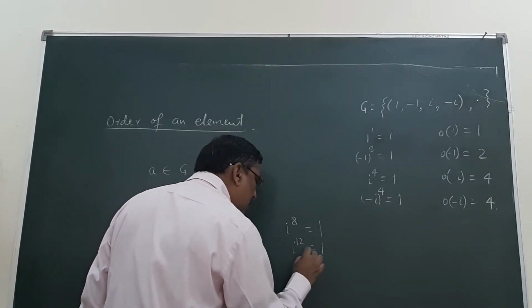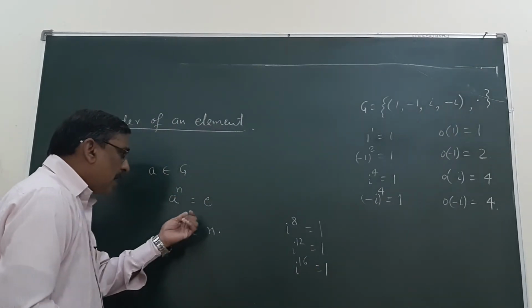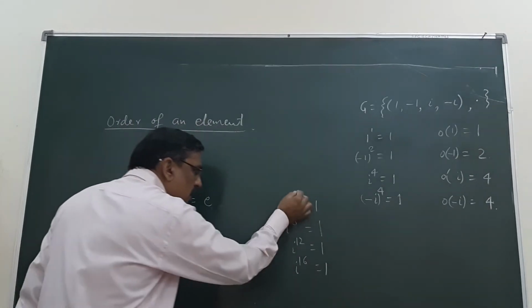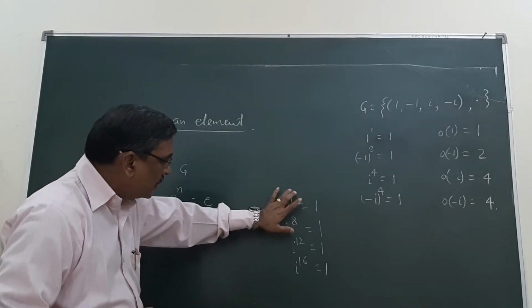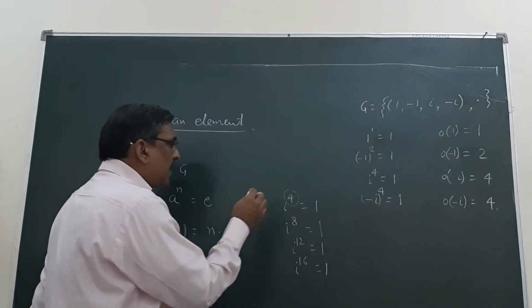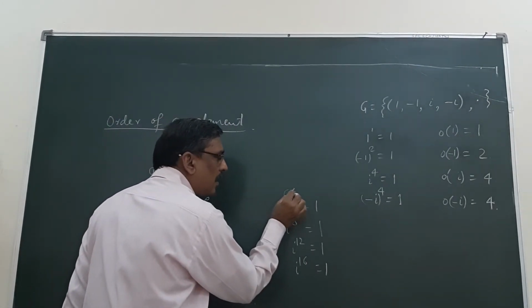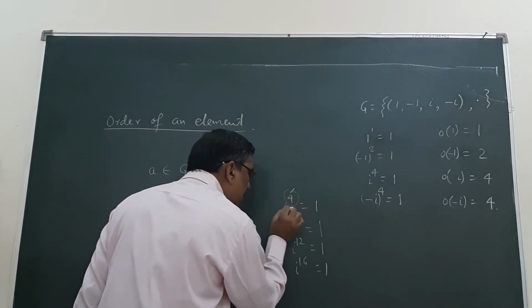Iota raised to the power 16, it is 1. So iota raised to the power 4 is equal to 1, and this 4 is the lowest one. No integer less than 4 gives us the identity. So it is the lowest one. Therefore it gives us the idea of the order of the element.